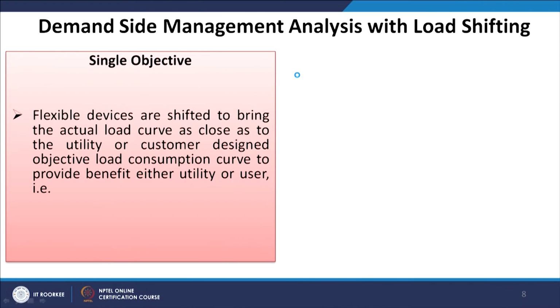Now, moving to demand side management analysis with load shifting, there could be two different case studies. One is single objective, means you always try to impose some program or some concept or some technology on your customers, so that the utility gets benefited, and that is a single objective optimization. You reduce your peak by advising your customers not to operate much during peak hours and shift their loads during off peak hours.